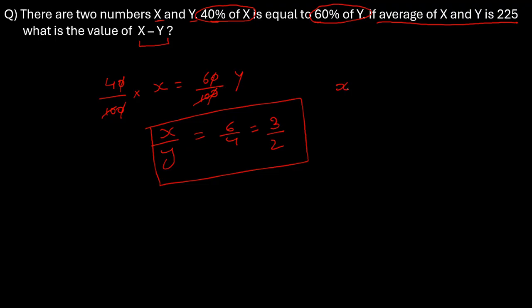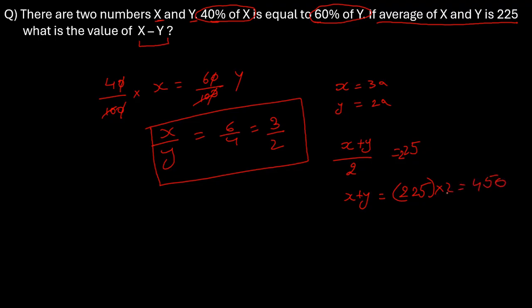So x equals 3a and y equals 2a. It is given that the average of x and y is 225. So the sum x plus y is 225 multiplied by 2, that is equal to 450.